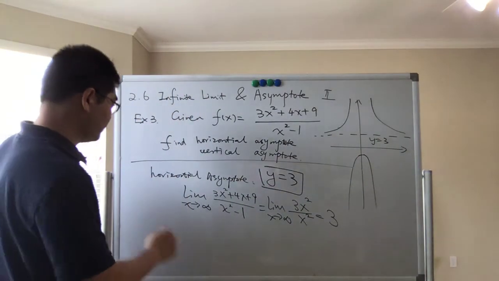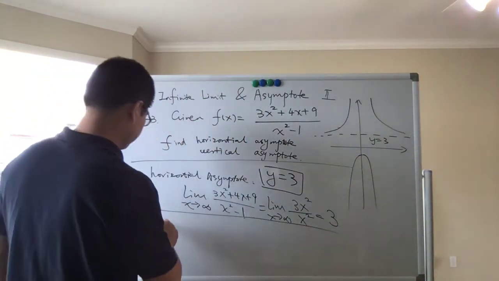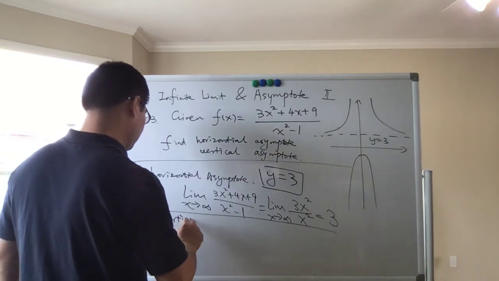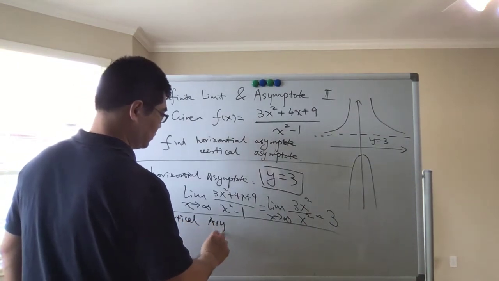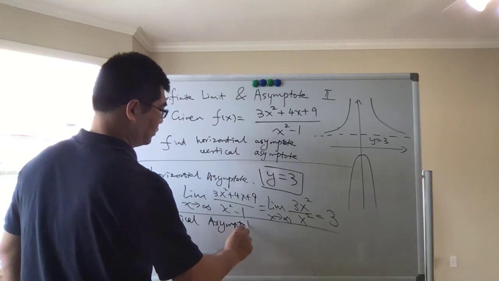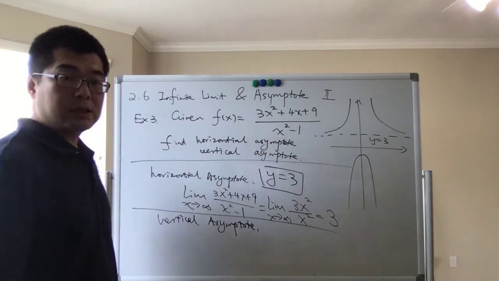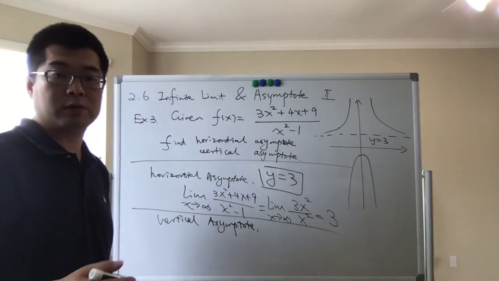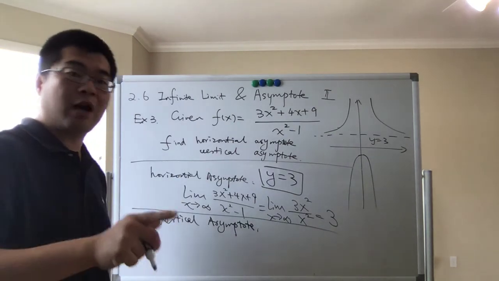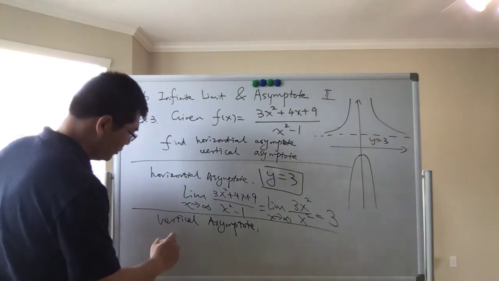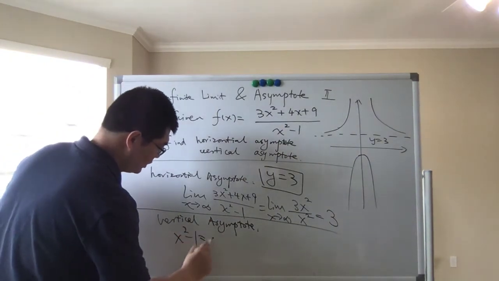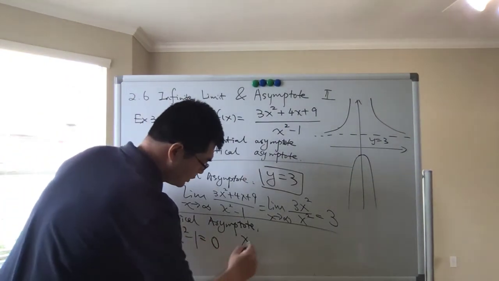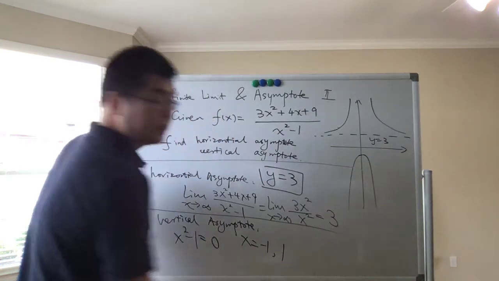How do we handle the vertical asymptote? Well, as we mentioned, there is a shortcut to handle this type of question, which is to set the denominator equal to 0, which is x squared minus 1 equals 0. Solve for x, and we get x equals negative 1 and 1.